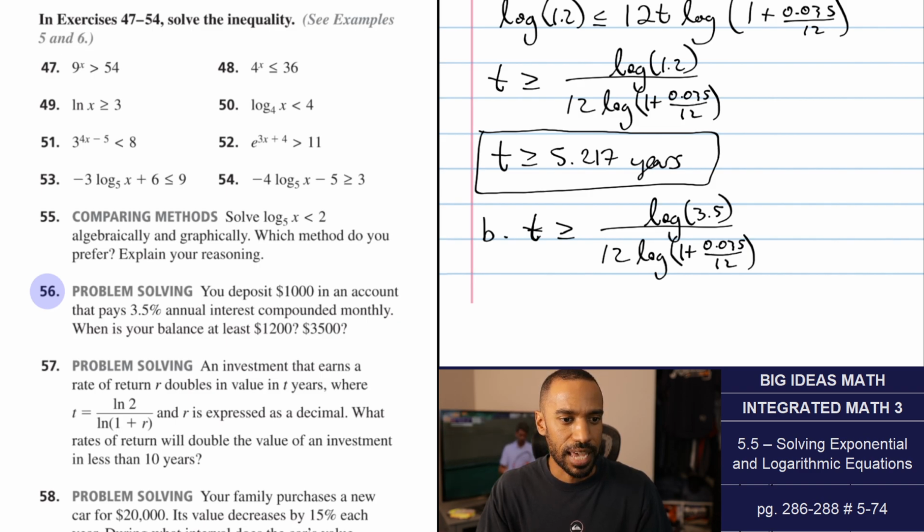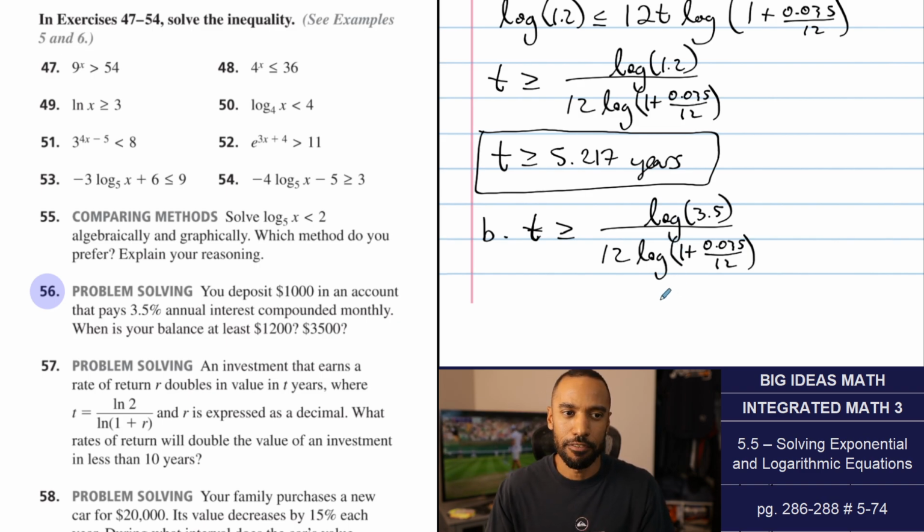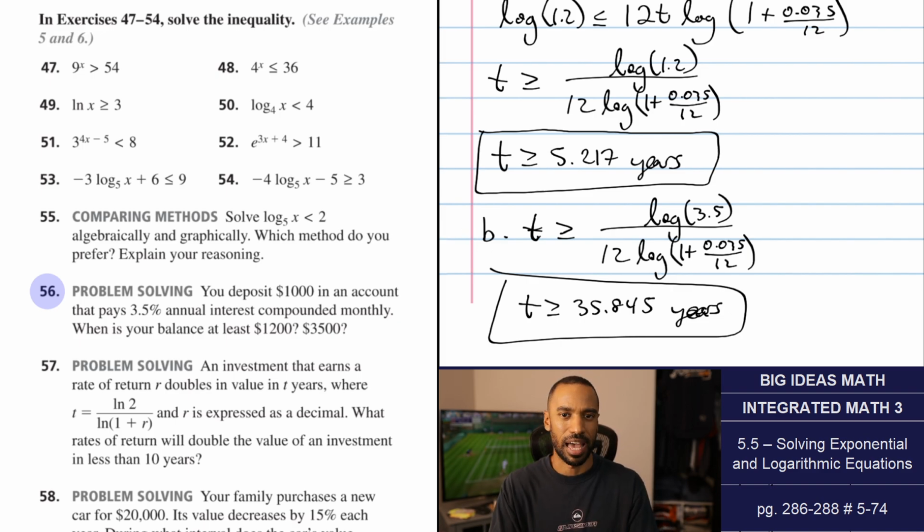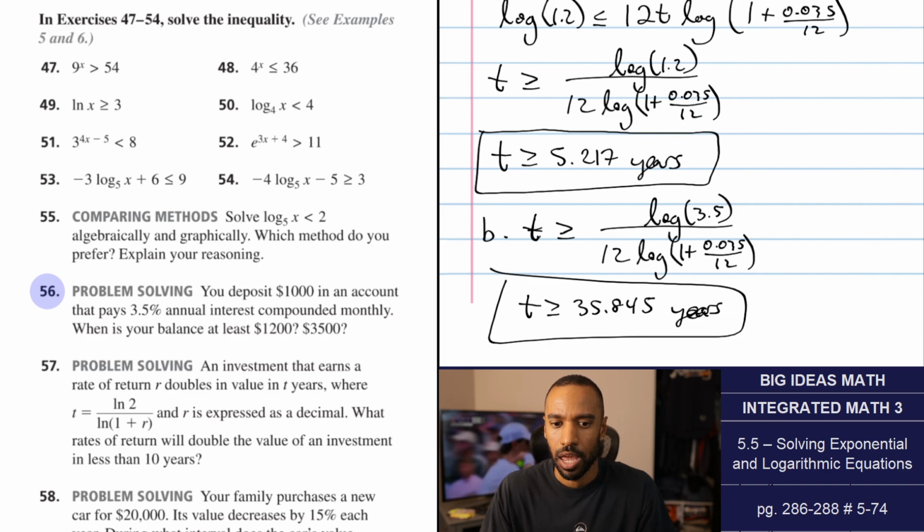No reason to do the exact same work to get the same answer. So 35.845 years. Now that was rounded down, but because it's a greater than or equal to, I don't really know what to say on that. I'm just going to keep it like that. Maybe they say 36 years. But that's just the idea and what we want to say on a problem like that.